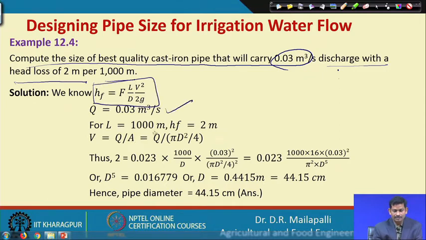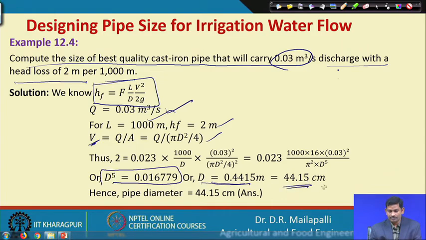Q is given, L is given, h_f is given, and find V. Substitute the values, and you get d to the power 5 is this much, and find the d value. So, d is 44.15 centimeters. The pipe diameter is 44.15 centimeters or 44 centimeters, let us say. Okay. So, this is the pipe size.